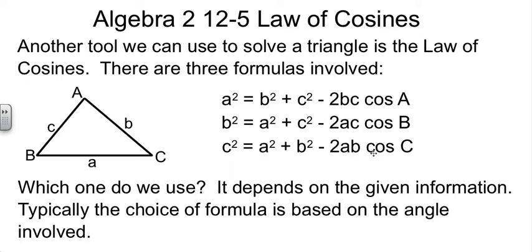Now the question is, which one of the three should we use? The short answer is it depends on what you know, what information you have. Typically, the choice of which one of these formulas you want to use is based on the angle that's involved in the situation.